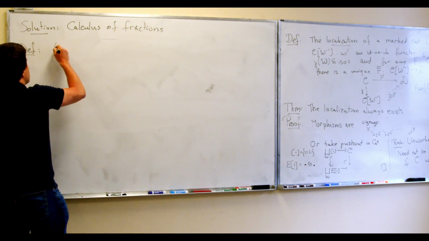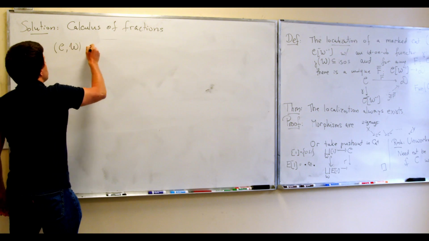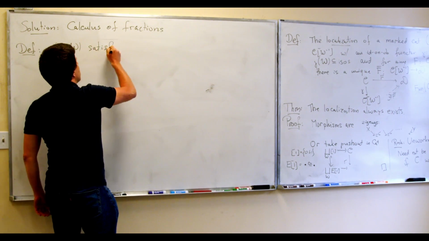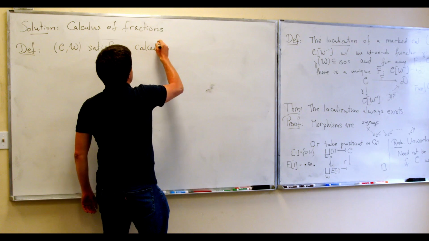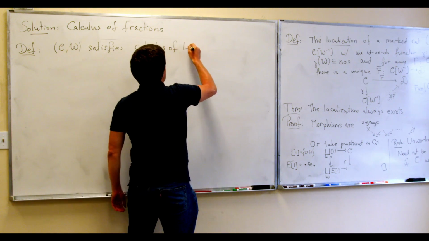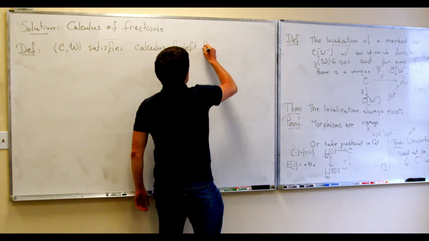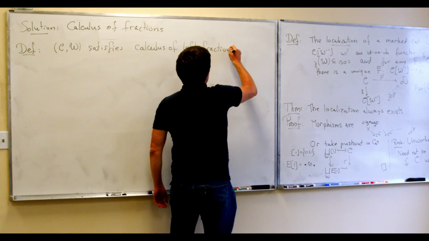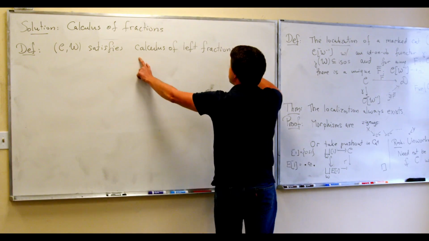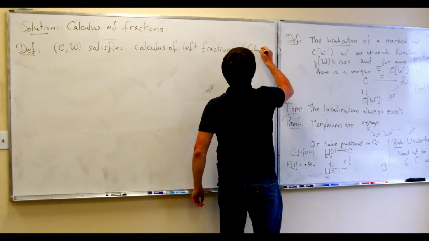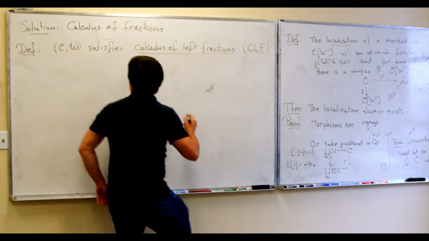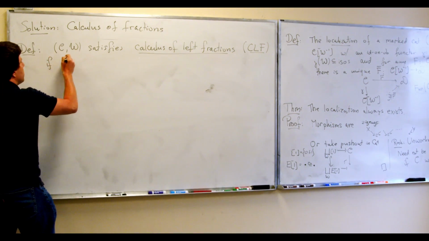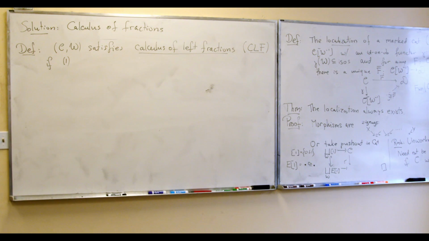So we say that (C, W) satisfies the calculus of left fractions, and this is really long, so we're going to abbreviate it to CLF, if, and now there are three conditions that we need to take care of.